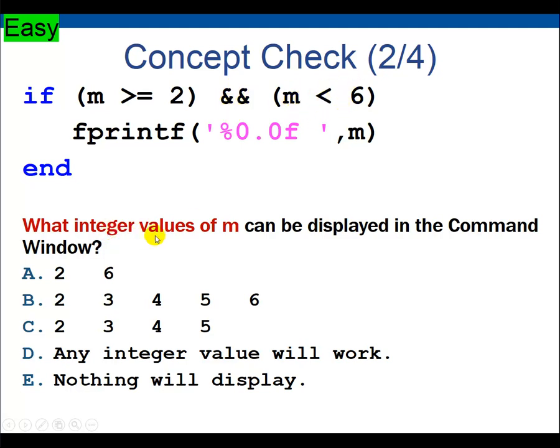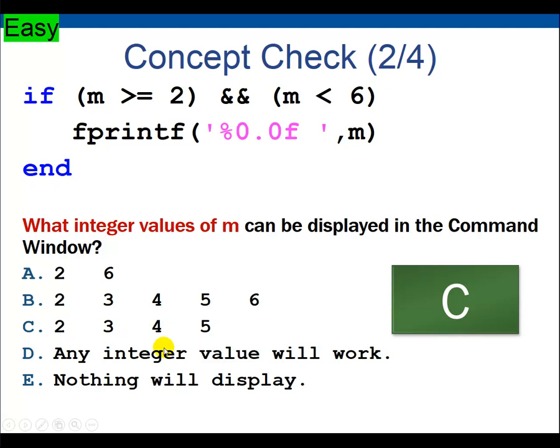Integer means there is no decimal place. So the answer is C: 2, 3, 4, 5. But not 6, because the right condition is less than 6, not less than or equal to 6. So only 4 integer values can be m.